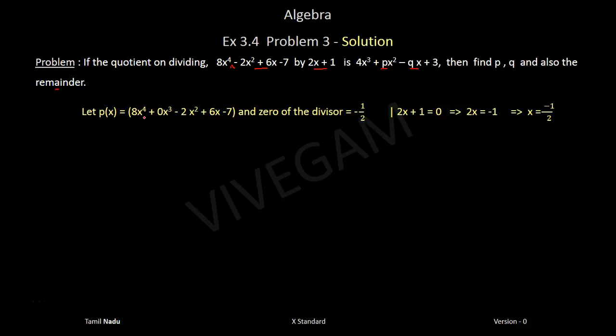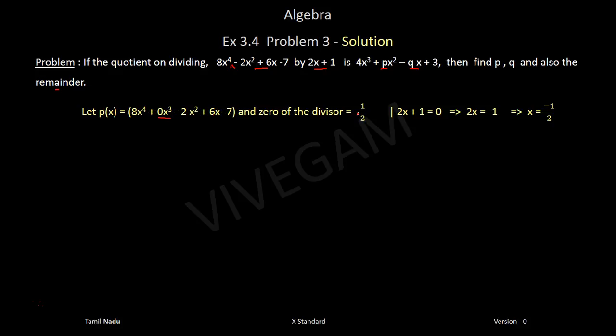So p of x we'll rewrite as 8x to the power of 4 plus 0x cubed minus 2x square plus 6x minus 7. Whenever any term is missing, you'll have to add 0x cubed or 0x square and put 0 as that coefficient. We just get a 0 value, but we need it in order for synthetic division to be correct.